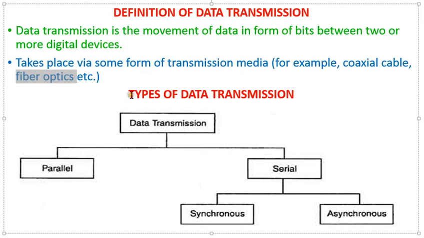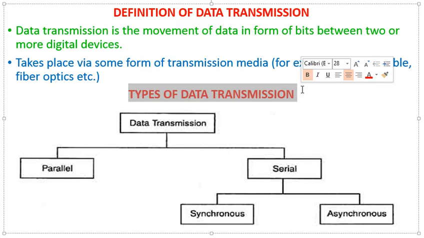Now we look at the types of data transmission. What are the different types of methods through which data is transmitted from one digital device to another? So this is given in this block diagram. It is telling us that data transmission has two types.